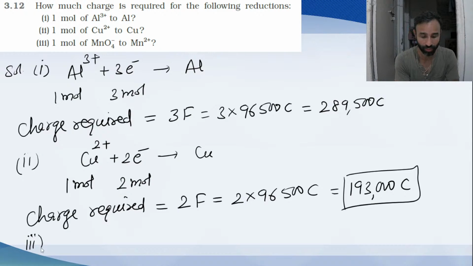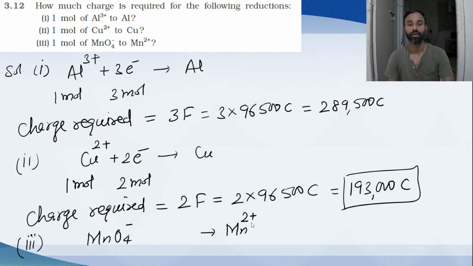Third one is somewhat difficult. Yes, Pranay. MnO4 negative to Mn2+. In MnO4 negative, what is the oxidation number of manganese? It is plus 7. So plus 7 to plus 2.